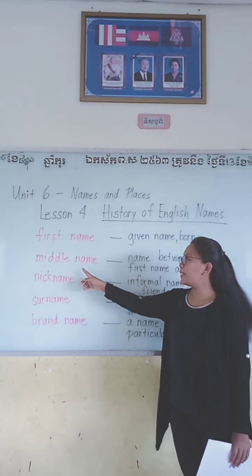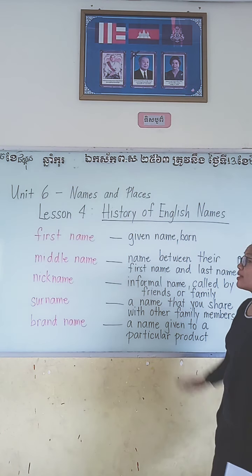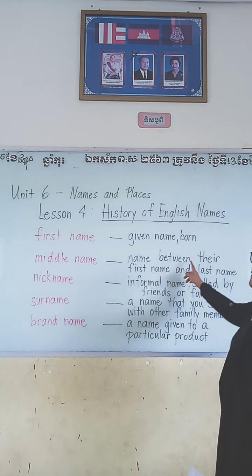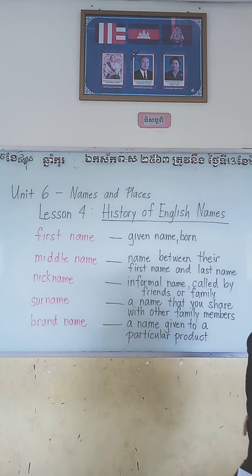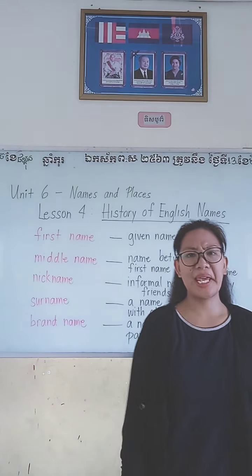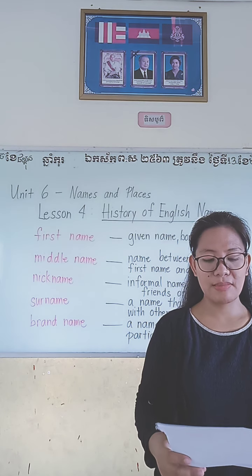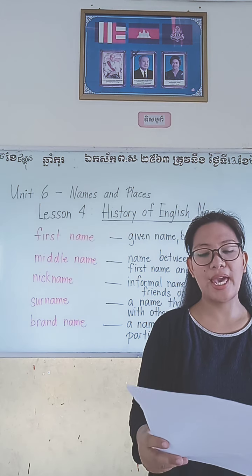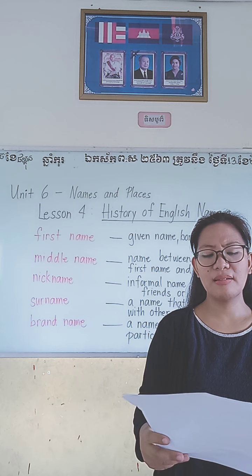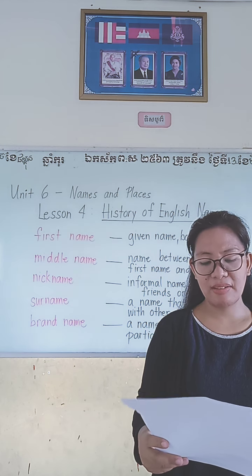Number 2, middle name. What is middle name? It's a name between their first name and last name. For example, my name is Anna. My middle name will be Smith, and my surname will be Lee.